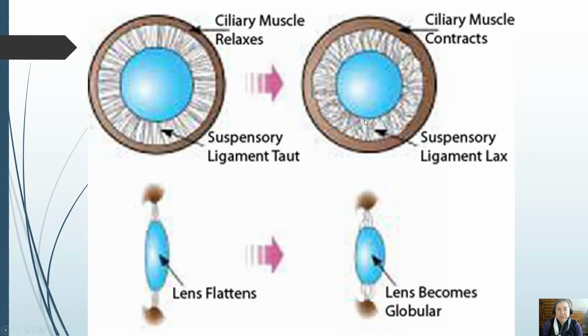So here we have a picture of the iris, showing the ciliary muscles relaxing, and when the ciliary muscle relaxes, that pulls the suspensory ligaments and flattens out the lens, and you look far away, you focus far away. But when you focus on something close, the ciliary muscle contracts, releasing tension on the lens, and the lens becomes more globular.